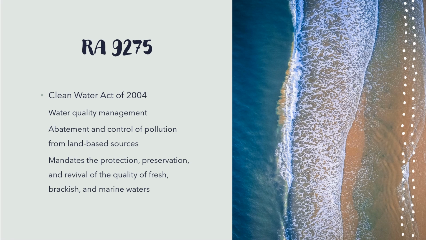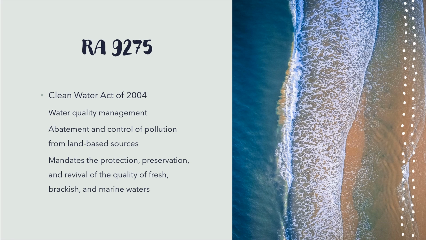So with a continuously growing population, the demand for water exceeds what is available. It is therefore everybody's responsibility to conserve and protect water resources. So we actually have a law to guide us in conserving our water resources, and this is RA 9275, which is known as the Clean Water Act of 2004.